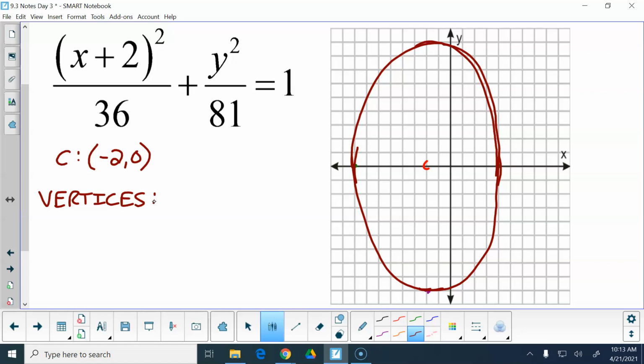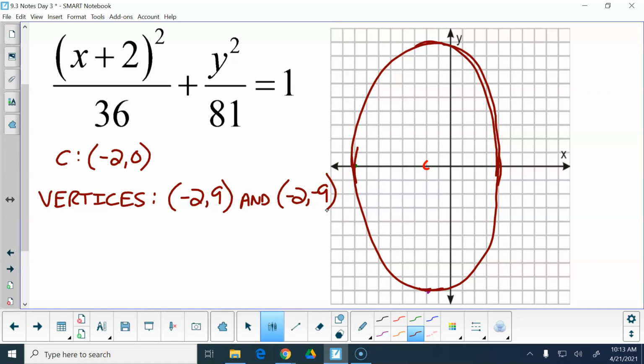Okay? So the endpoints, which one's longer, horizontal or vertical? Vertical is longer, so that is going to be -2, +9 is the upper one, and -2, -9 is the lower vertex. Yes?